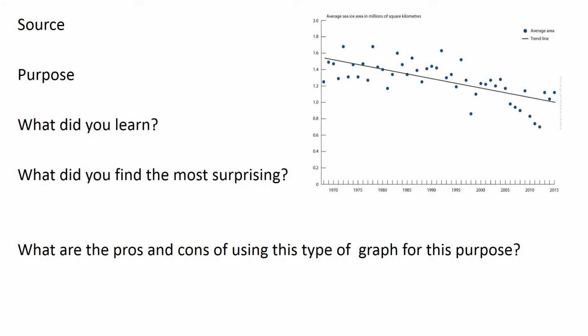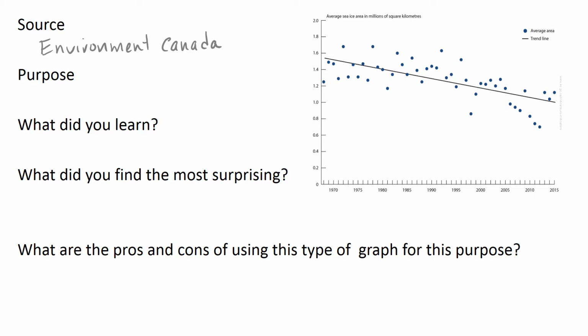When you are looking at a scatter plot, it's also important to always evaluate the source. This scatter plot was created by Environment Canada, or the data came from Environment Canada. And that is a good indicator that the data is reliable and you can reuse it with confidence.